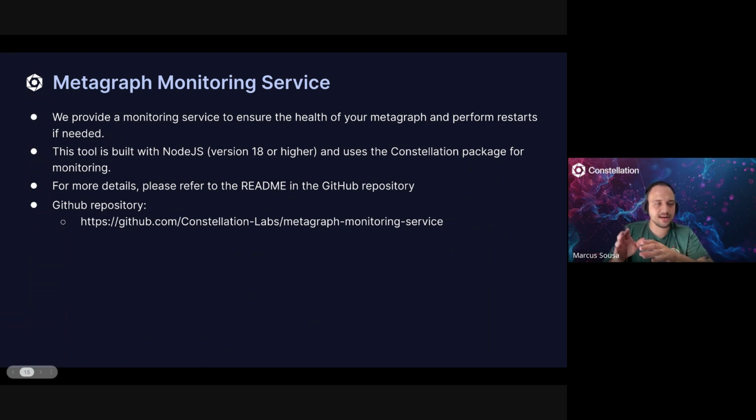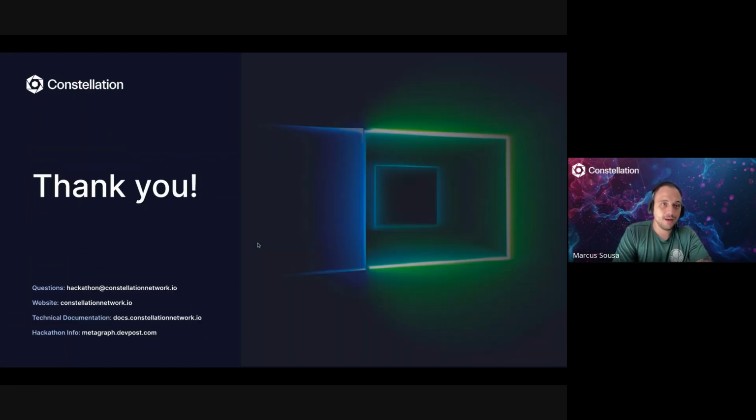You can take a look at the README of the Metagraph monitoring service. You see that by default we have some conditions, but it's completely customizable. You can put in your own conditions and choose the alert service that you prefer. We have a lot of options there that you can play around with and discover.